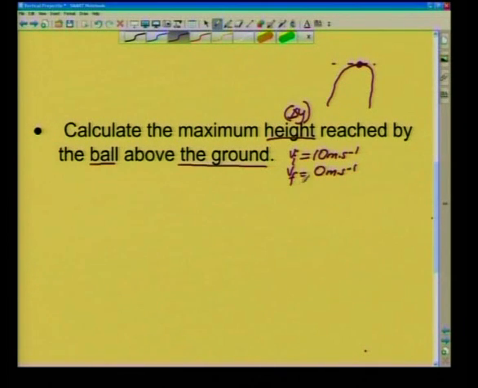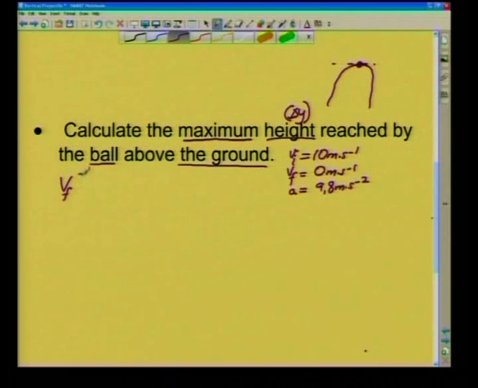We also know, although they haven't told us, that acceleration is 9.8 meters per second squared because this is projectile motion. To calculate the maximum height above the ground, I must know how far it moved when it was thrown. So to do that, I need to use this equation.